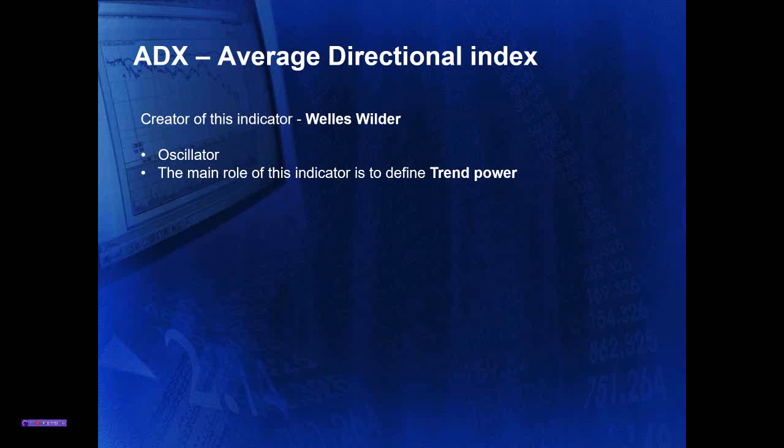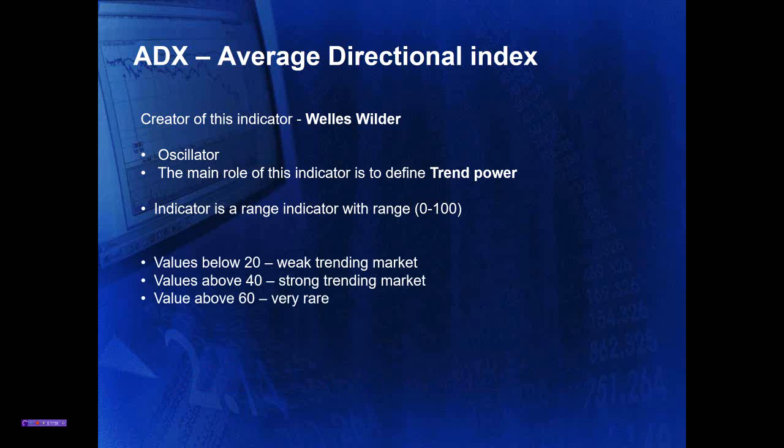Again, I'm talking about the strength of the trend, not about its direction. That's also a completely different thing. So which are these levels that we are looking for or we should be taking care about? When the ADX indicator has values below 20, we can say that the market is not trending or there is a very weak trend on the market.